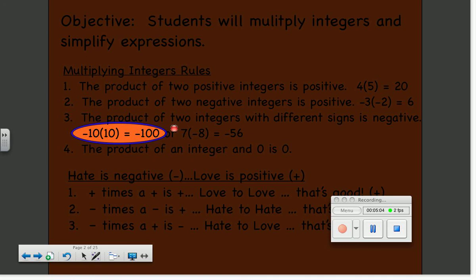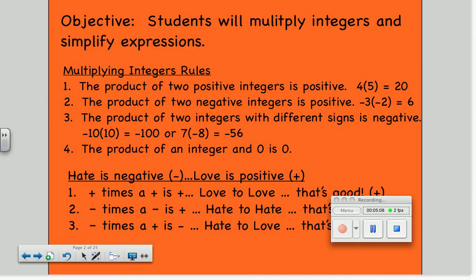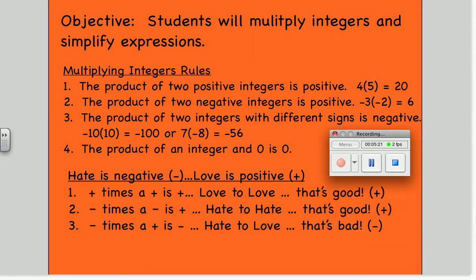And 10 times 10 is 100. 7 times negative 8 is negative 56. And the product, and this is true all the time, the product of any integer and 0 will always be 0. This is the way we explained it last year, and you may want to write this down if it helps you. Okay?